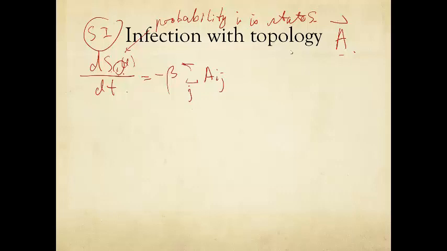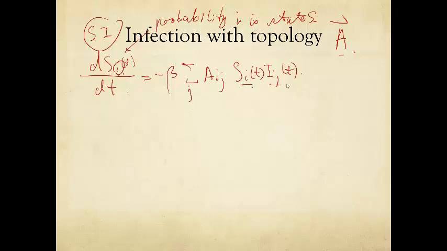If it's 0, the rest of the term doesn't matter. If it's 1, then we look at what would happen. It will be S_i times I_j of t. Again, I_j here is the probability that node j finds itself in the state of being infected. S_i is the probability that node i finds itself in the state of being susceptible at time t.